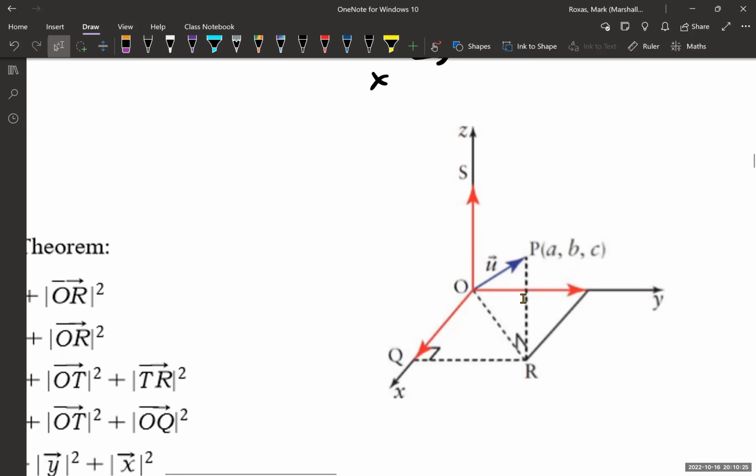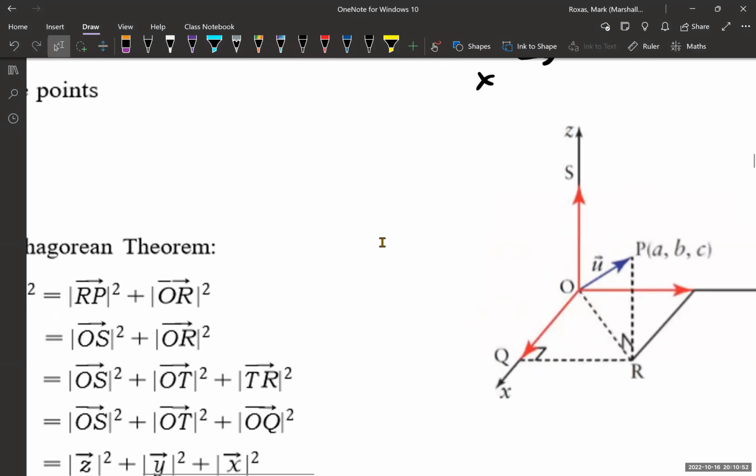If I drop a perpendicular down to that paper, I would have one vector there, right? Vector R to P. And along that piece of paper, the xy plane, I can create a vector from O to R, okay? And those two vectors would be 90 degrees to each other. Although it doesn't look like it here, you have to imagine it in 3D space. So O to R, R to P are 90 degrees to each other, and that forms a right angle triangle from which you can use the Pythagorean theorem.